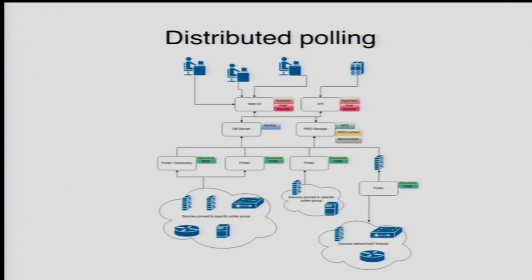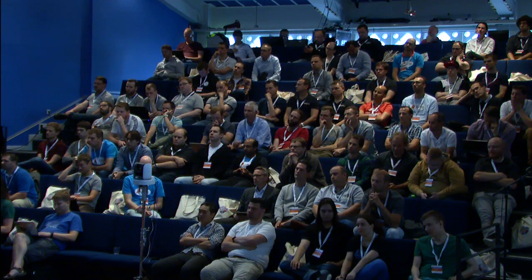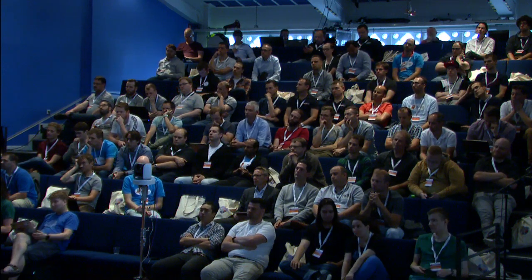You can move all your RRD onto a dedicated RRD cached box to speed things up, but you'll get to limitations then in the polling side of things, which is the service that goes off and obtains all of the data and all of the information about your devices. You're going to hit bottlenecks at that point.